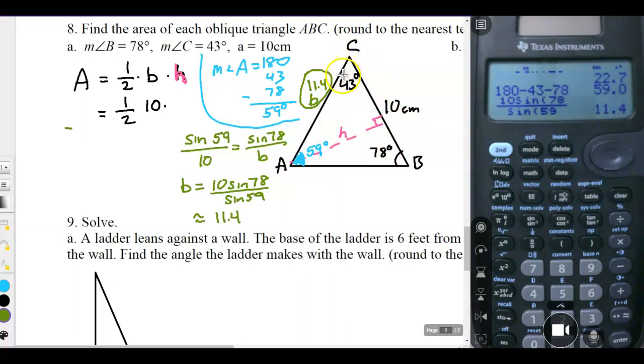Right? And I have an angle, and my H is the opposite, and my hypotenuse is B, so we can see what I'm working with here. Right, so I can do opposite over hypotenuse from 43. So it's going to be sine, right?